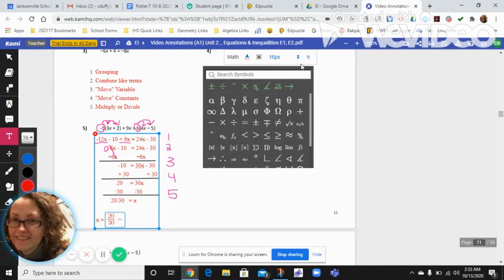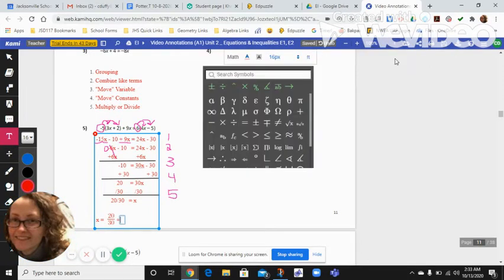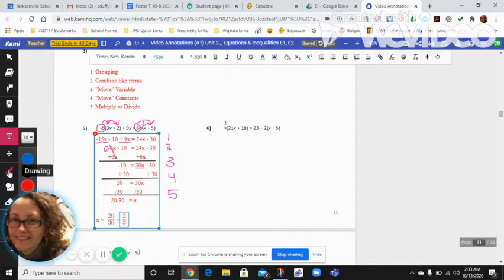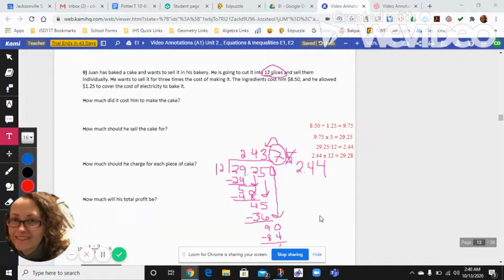If I divide both the top and the bottom by 10, I get 2/3. And that is my final answer, so I'm going to go ahead and circle my final answer so that I can find it in all of this work.